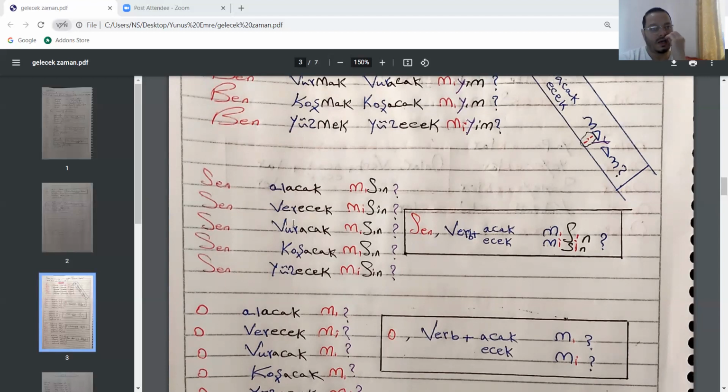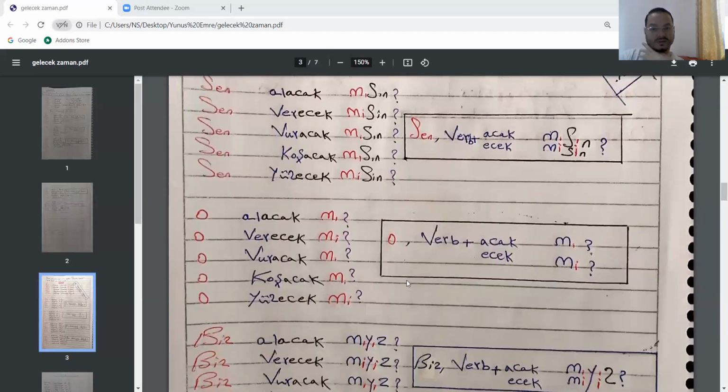The second one is about he or she: we must infer from the statements whether he talks about his mother, girlfriend, or his friend, and after that you can write the translation below. Vuracak mısın? Koşacak mısın? Yüzecek misin? The easier one, o: alacak mı? Verecek mi? Vuracak mı? Koşacak mı? Yüzecek mi?